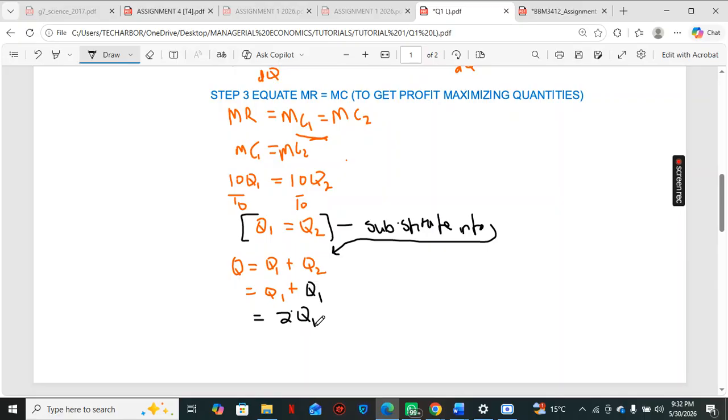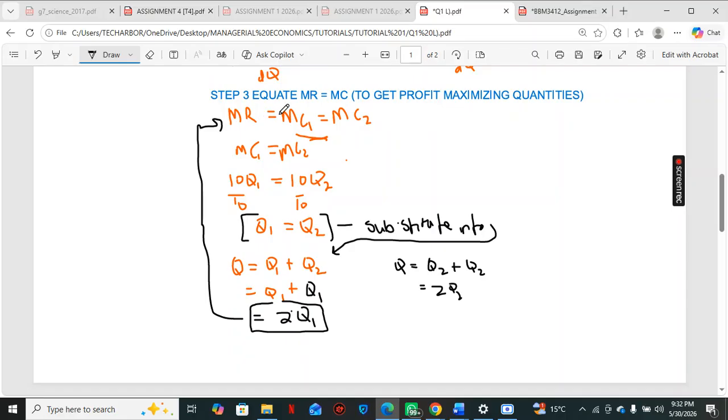You just have to choose which Q you want to work with. If you wanted to work with Q2, you would have done the same here: you would have substituted Q1 with Q2, so you'd have Q2 plus Q2 equals 2Q2. You can work with either. So we're going to work with this one, colleagues, and take it back into the expression for marginal revenue equals marginal cost.